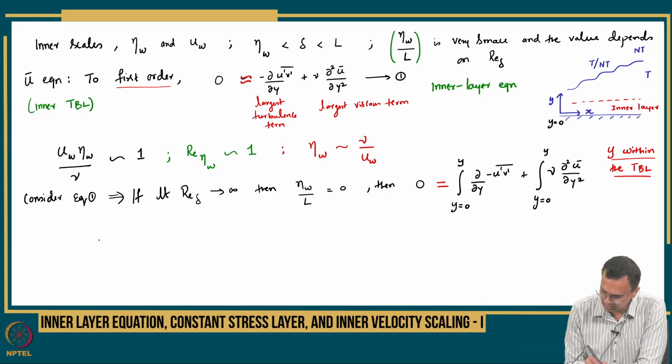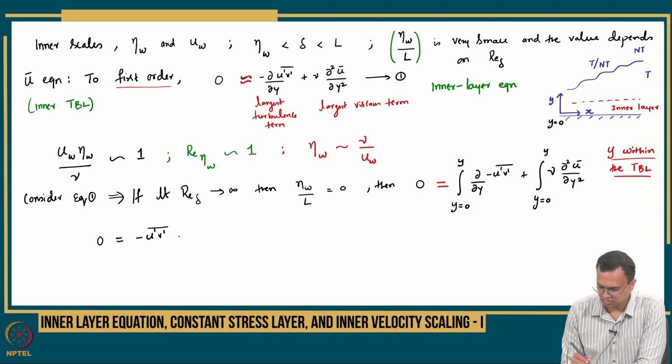So I get easily 0 equal to minus u prime v prime average at some distance y within the inner turbulent boundary layer. And then I get minus of the same u prime v prime, evaluated at y equal to 0.